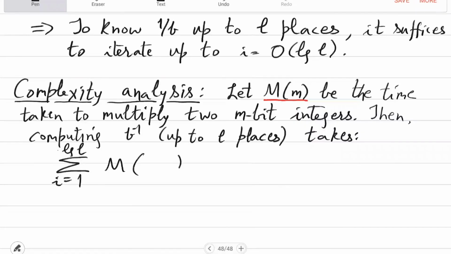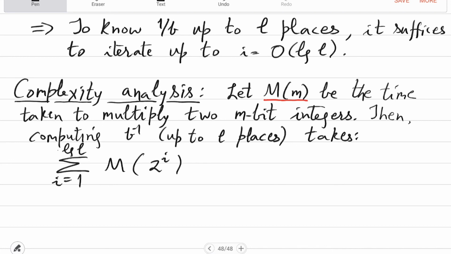After that point, it is garbage, so you will not use that part, right? So how much is that part which actually matches 1 by b? 2 to the i, right? That's by the lemma. So you just keep that many digits. So that is m of 2 to the i. So you invest only this much time in the ith iteration, not more.